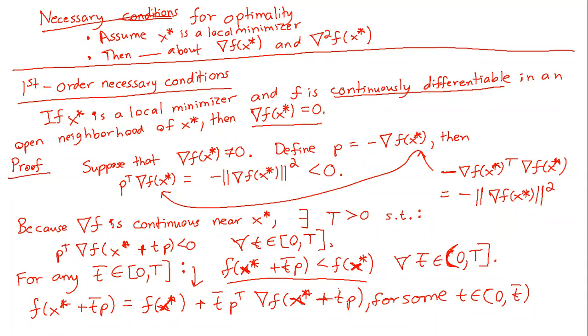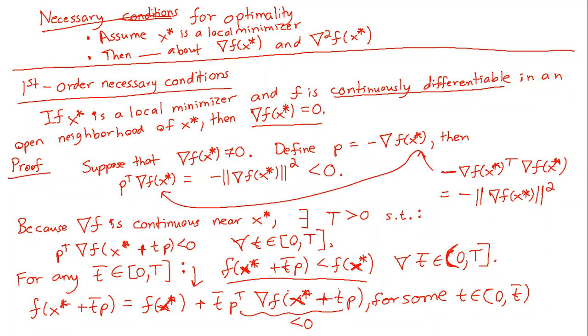So it's some fraction of the t-bar p. Because we know this part is negative, that means it is subtracting from f of x star, so f of x star plus tp must be less than f of x star, because it's equal to f of x star minus something.